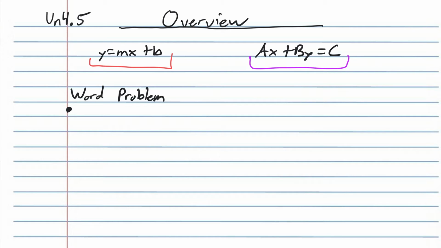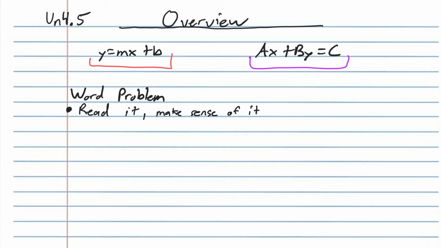Step one to any word problem is you have to read it. It sounds like a very obvious thing, but a lot of times students give up as soon as they see it's a word problem because they don't even want to try it. So step one is to read it, and not only read it, but make sense of it. In other words, have an idea of what's going on.